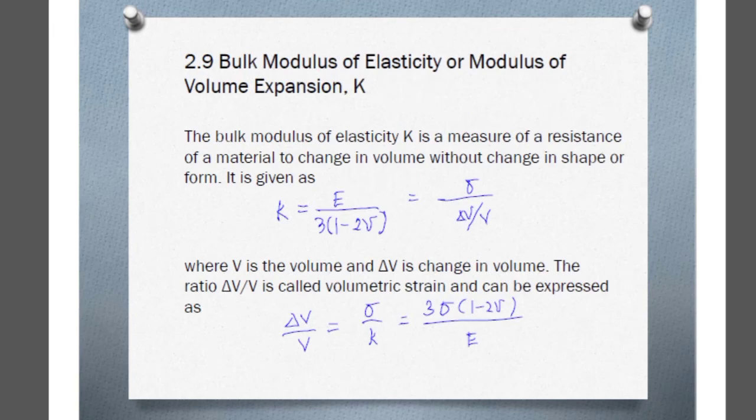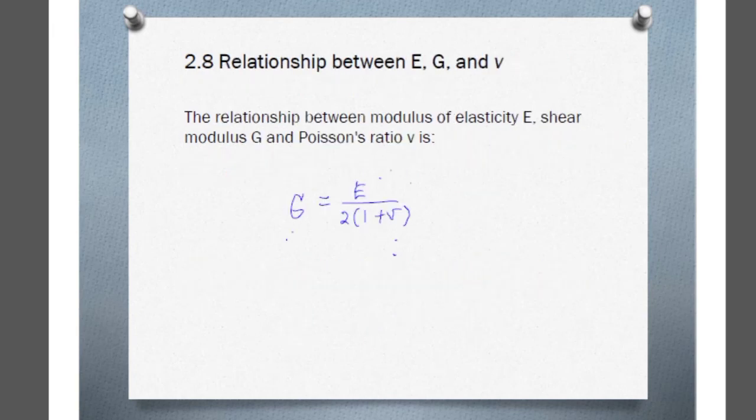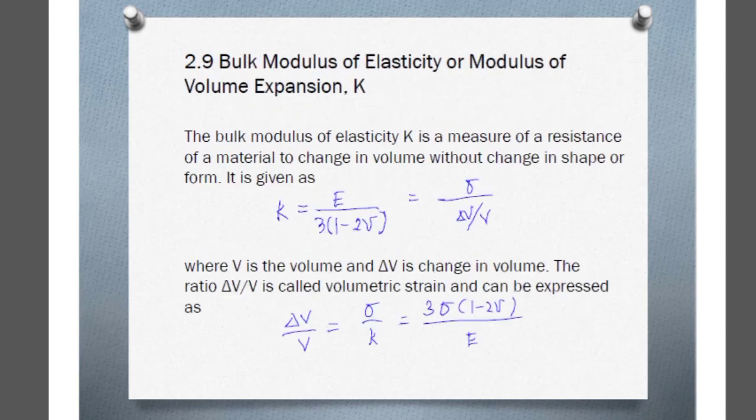Topic 9, we have here the bulk modulus of elasticity or the modulus of volume expansion. So, kung kanina pinag-uusapan natin is the shear. So, yung unang napag-usapan natin is the modulus of elasticity.